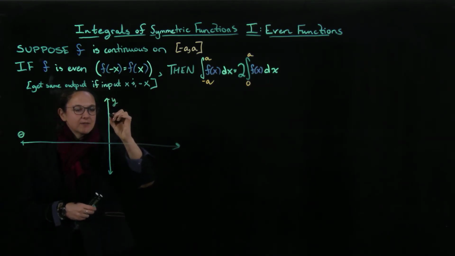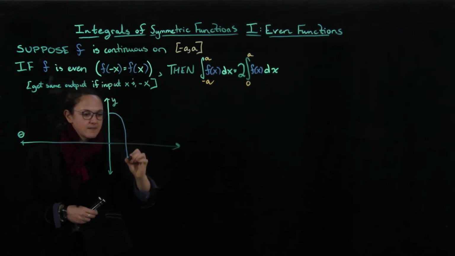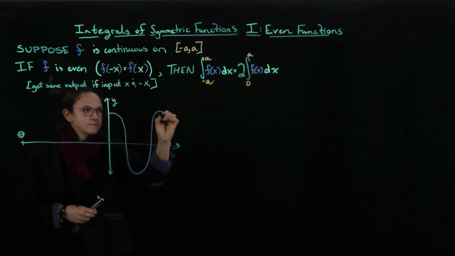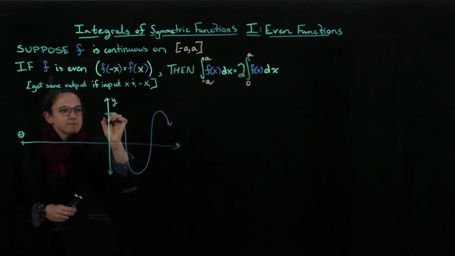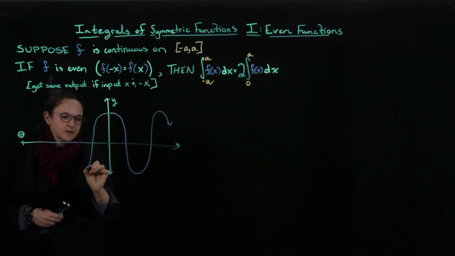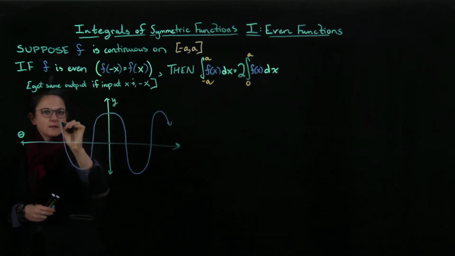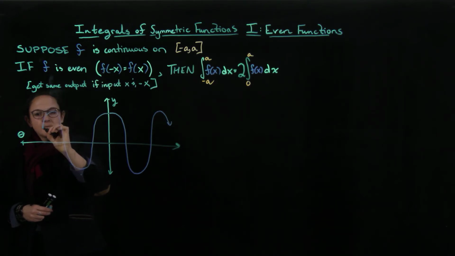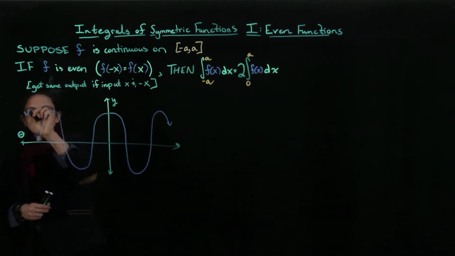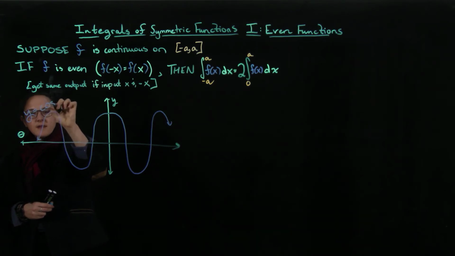Now I'm going to take the function cosine theta. I have a lot of trouble drawing this symmetrically. So this function is y equals cosine of theta.